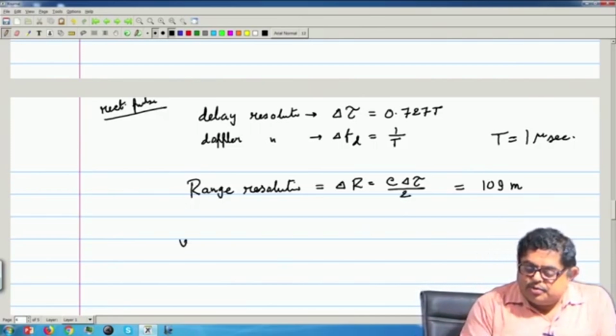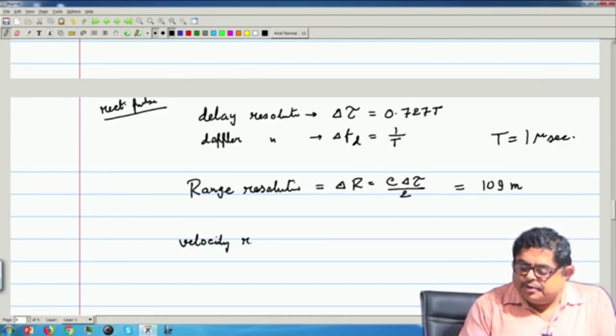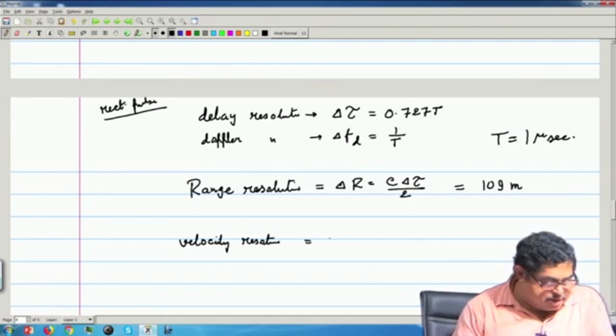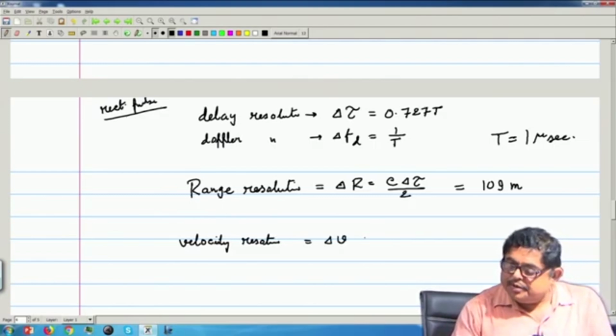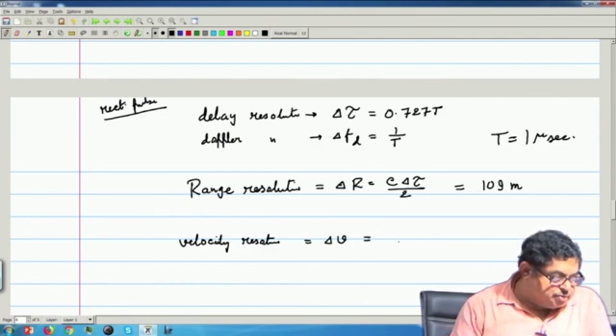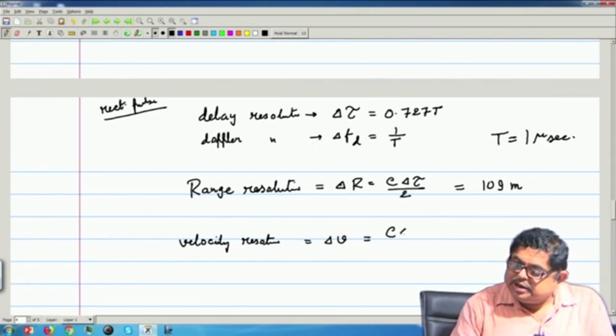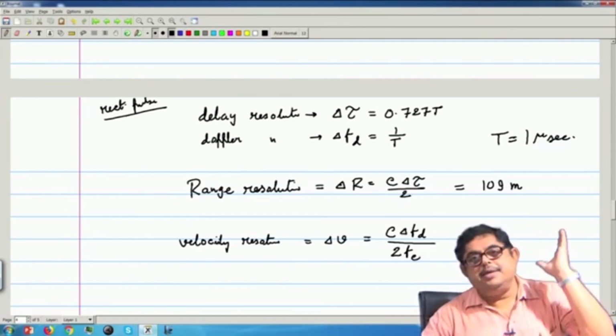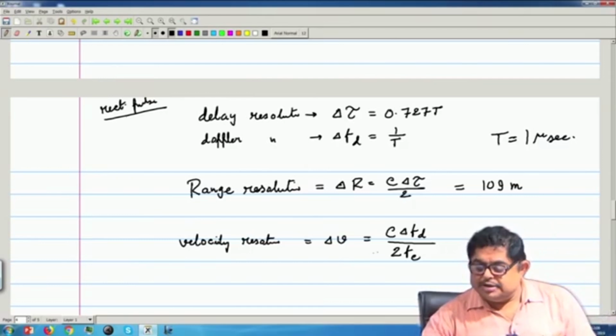So, from there we can find the velocity resolution. Velocity resolution, that means delta v, we know that is c delta f d by 2 f c. This thing we have seen at the beginning, the relation between velocity and Doppler shift.